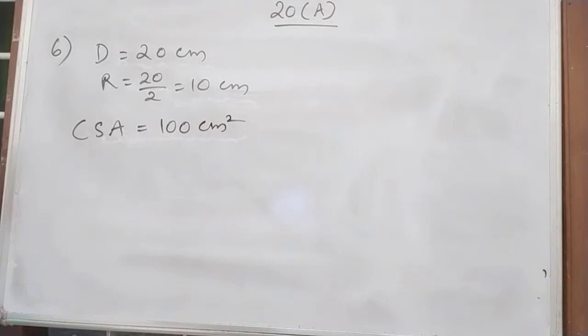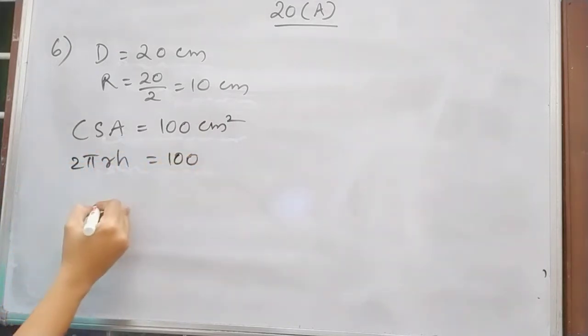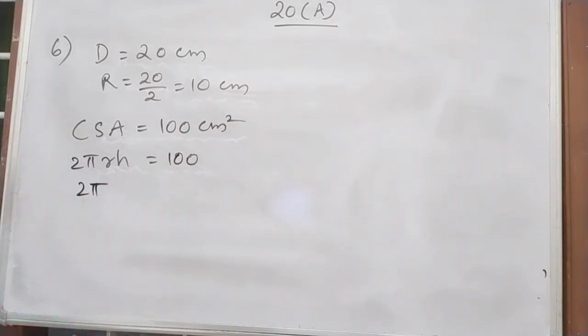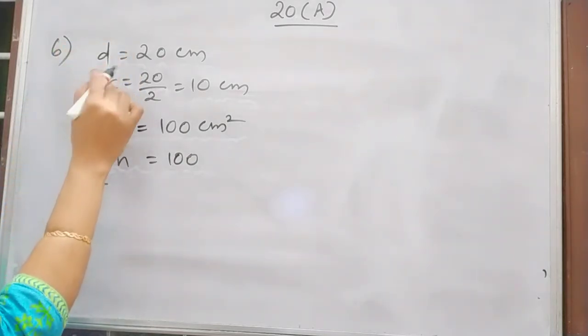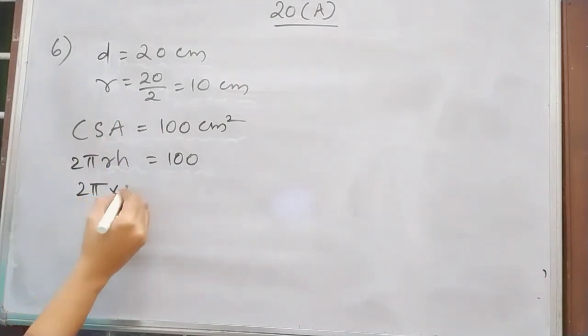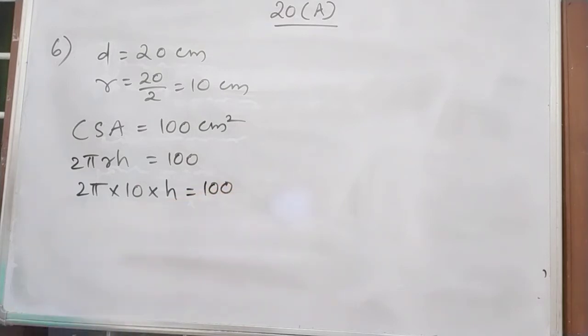So curved surface area means what? 2 pi r h is given as 100. So we have 2 pi r, no? Write this as small r, that is better. So 2 pi into r, 10, into h is equal to 100. So what do we have to find out here? The height of the cylinder, no?